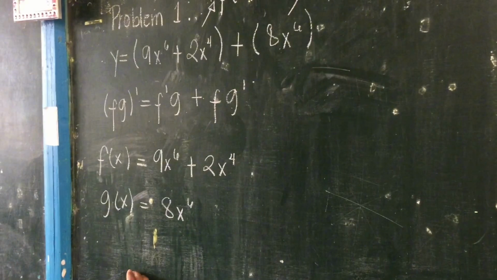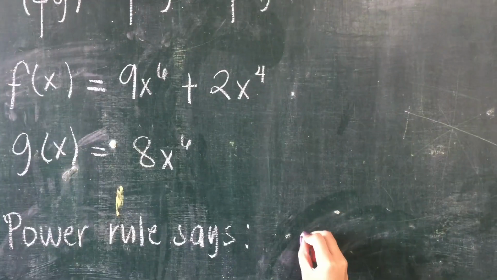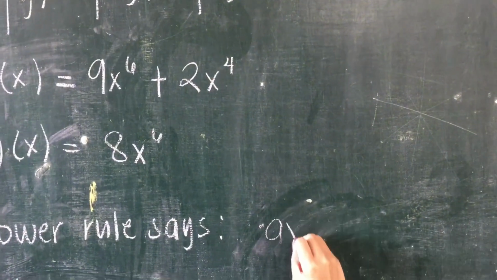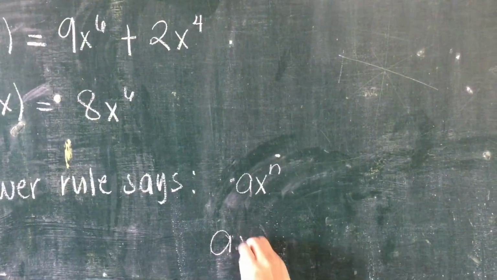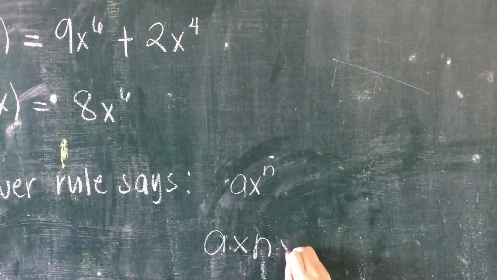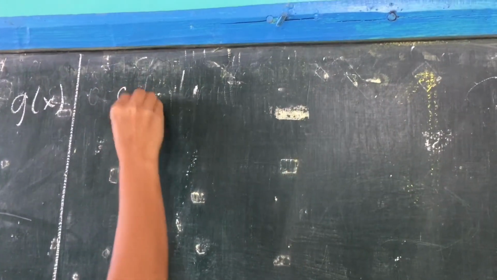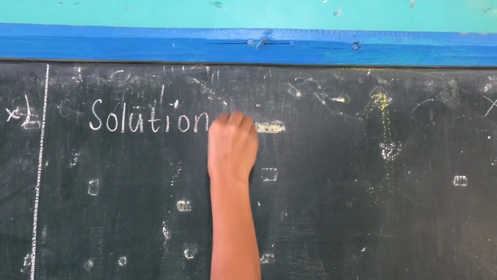Now, we take the derivative of each one term by term using the power rule. The power rule says, if you have a term like ax to the power of n, its derivative is a times n times x to the power of n minus 1. So now, let's find f prime of x and g prime of x.